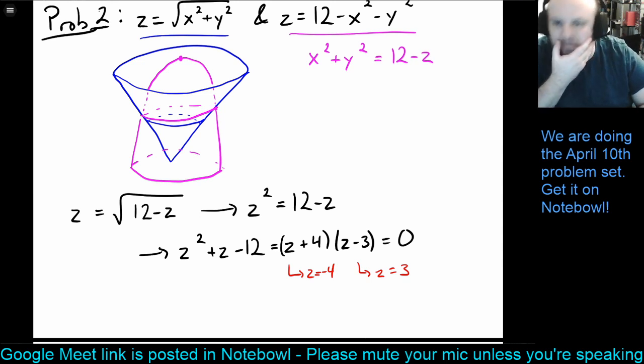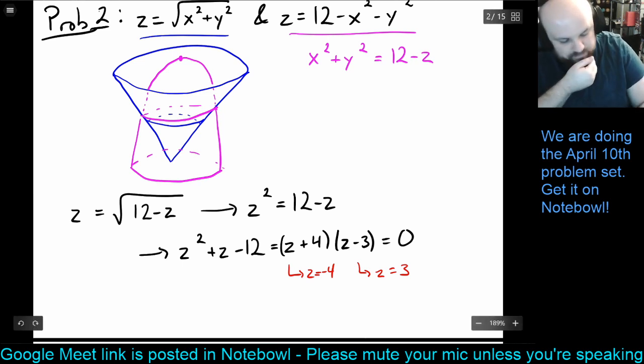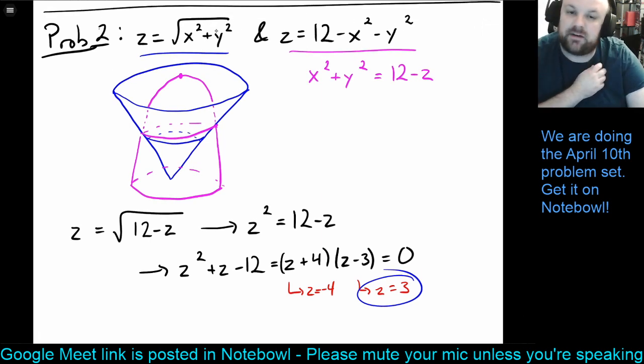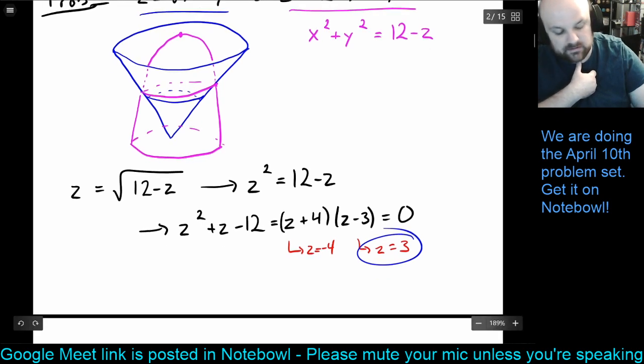Right. So it's got to be this one, z equals 3. And the reason is, z is the square root of x squared plus y squared, which means that z has to be positive, right? And if z is positive, well, this is the positive answer.